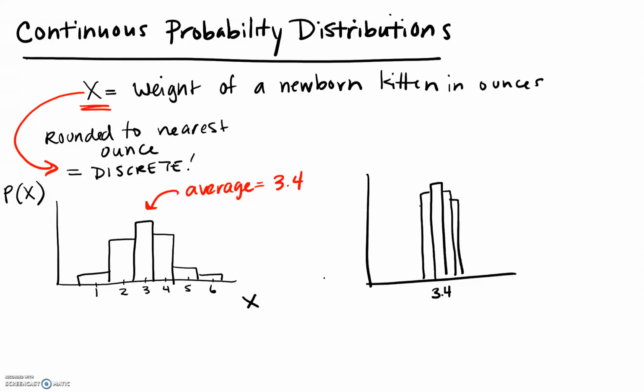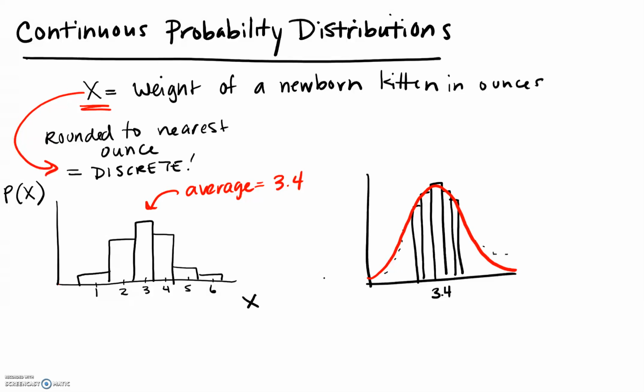And it's going to continue to get less likely as we move away. I'm hoping you can see that this would symmetrically become less and less likely until it's impossible, right? For a kitten to weigh less than 0 or more than whatever the fattest kitten weight happens to be. So this is actually what continuous variables are all about.